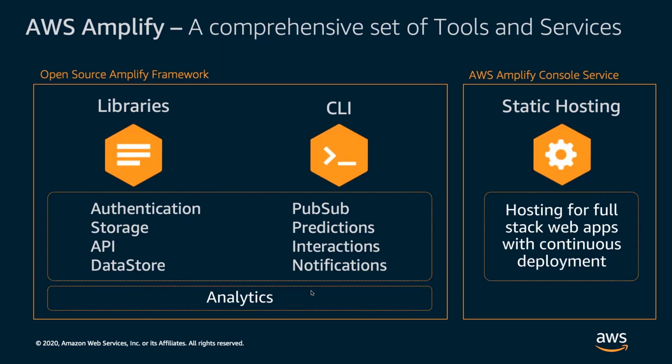So if you're not familiar with the development experience for the CLI, not surprisingly, it's a command line tool. And you tell the CLI what types of resources you want in your application. And these are called categories. So you can have categories like authentication, right, which is backed by Cognito, storage, which is backed by either DynamoDB or S3, depending on the type of storage you want. We have an API category, which supports both REST and GraphQL API types.